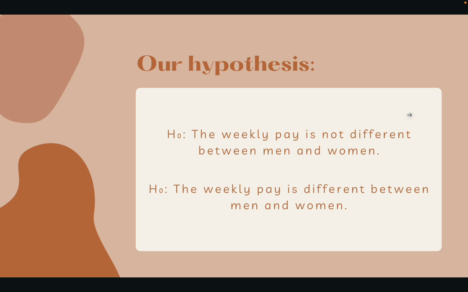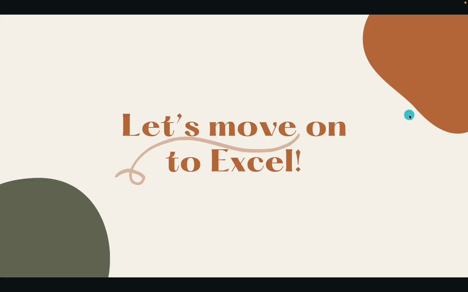For our study, I can say our null hypothesis is the weekly pay gap is not different between men and women. And our alternative hypothesis, H1, is the weekly pay is different between men and women. And this is a very typical statistical question.